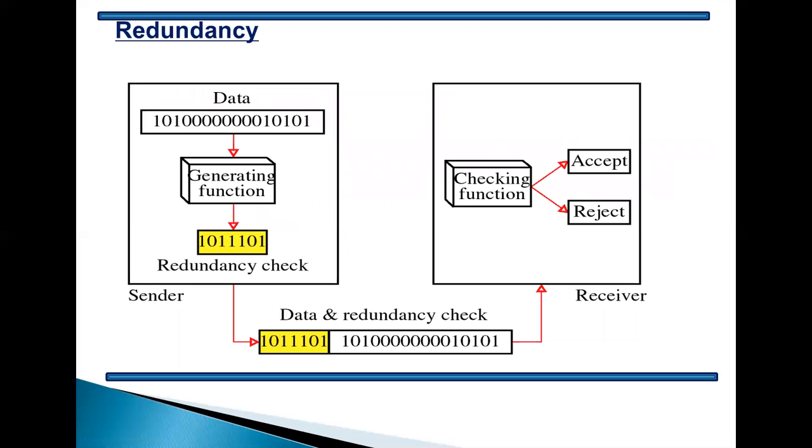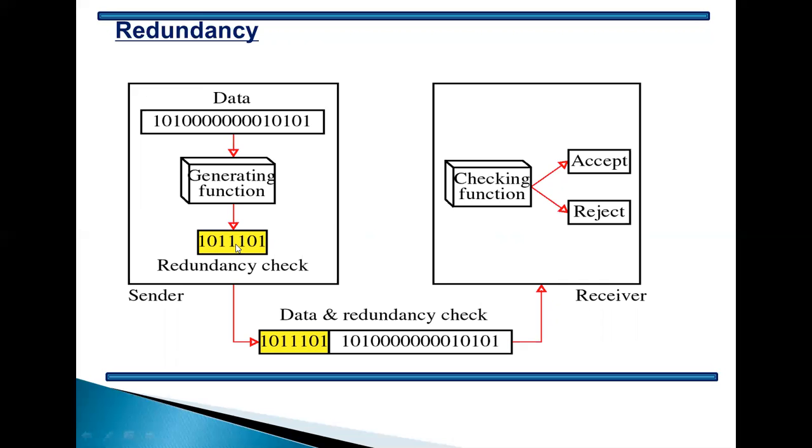Okay, it is the original data. A generating function uses the original data to generate redundancy, that means calculating new extra bits.